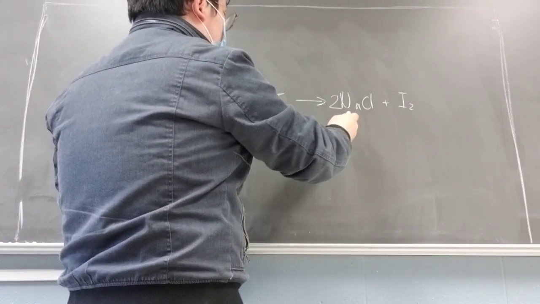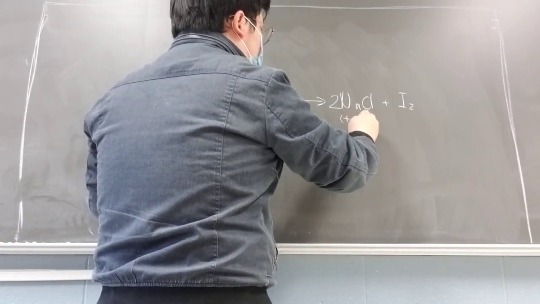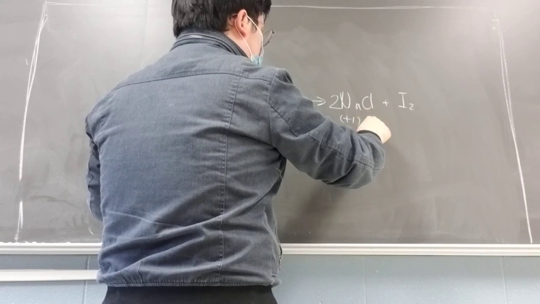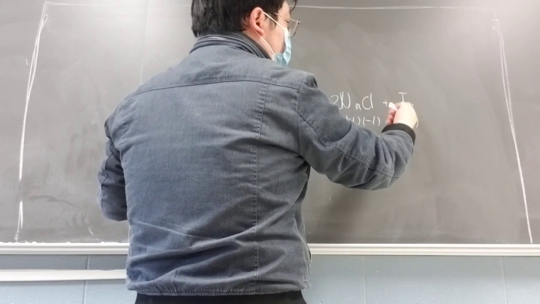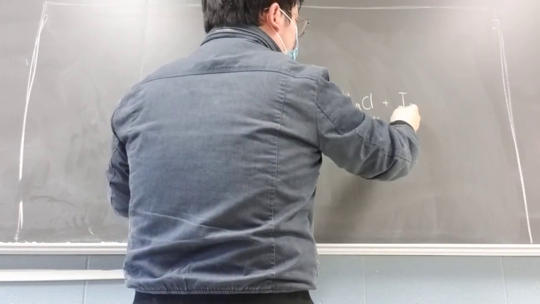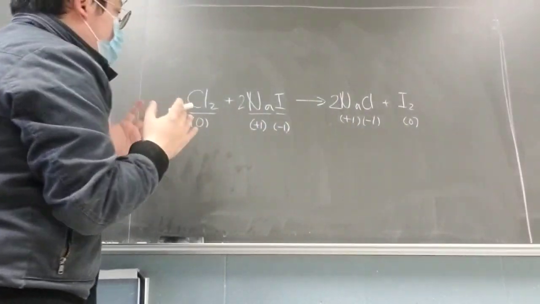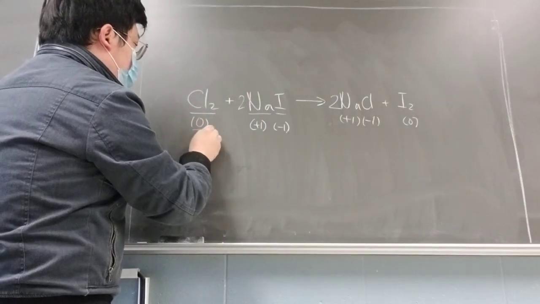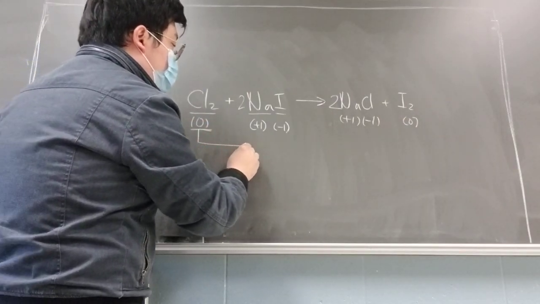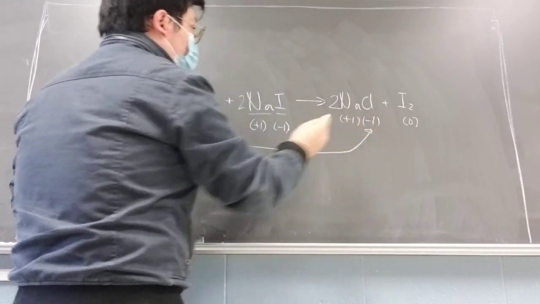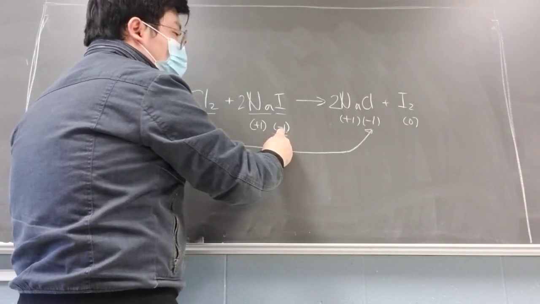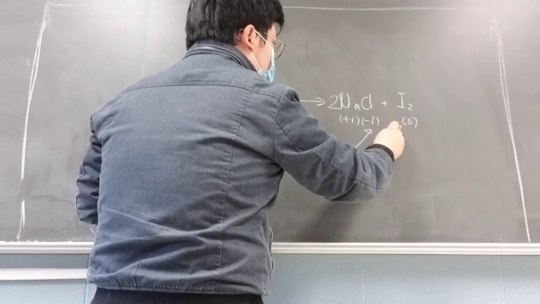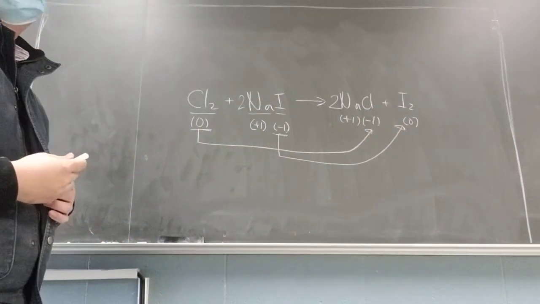And then the same here, +1, -1 over here, and this is a 0 because it's the same monoatomic elemental form. So if you look at this one here, this chlorine was 0 but became -1, and the iodine was -1 and became 0. You see this one, right?